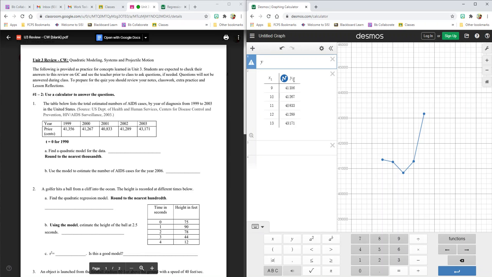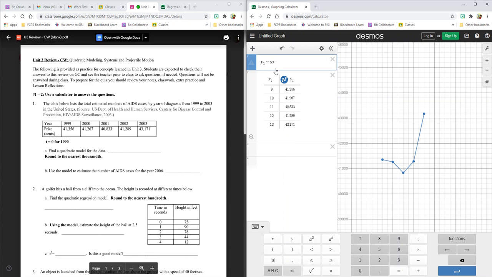So y1, and then you want to say the tilde. It's shift accent, the button right to the left of the number 1. So shift tilde, so y1 tilde, and then you have to do that model.